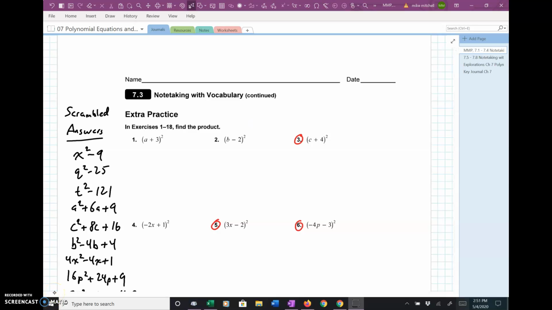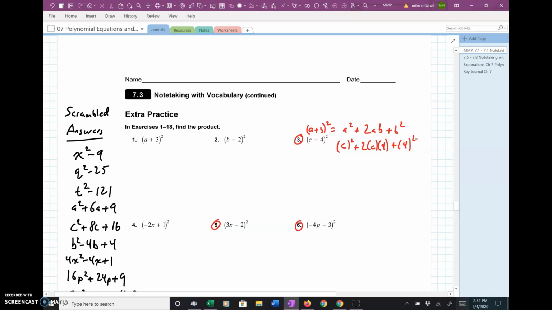Okay, find the product. That means I'm multiplying. I'm recognizing this as an a plus b squared. So that should equal a squared plus 2ab plus b squared. Well, a is c, b is 4, so I'm going to have c squared plus 2 times c times 4 plus 4 squared.